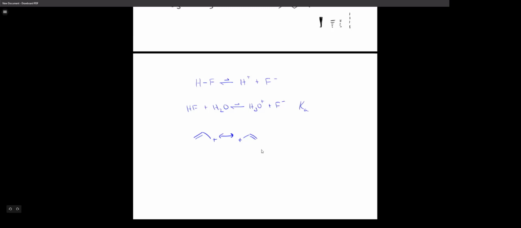The only thing that exists in reality is something that looks more like this, which is to say that there's a positive charge on either end and there's electrons being shared across here. There's no way to draw it perfectly because it's a picture, it's a combination of two pictures. So the word we use is that this is a hybrid, a resonance hybrid.